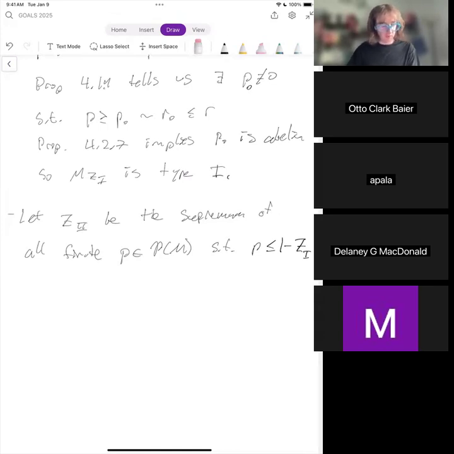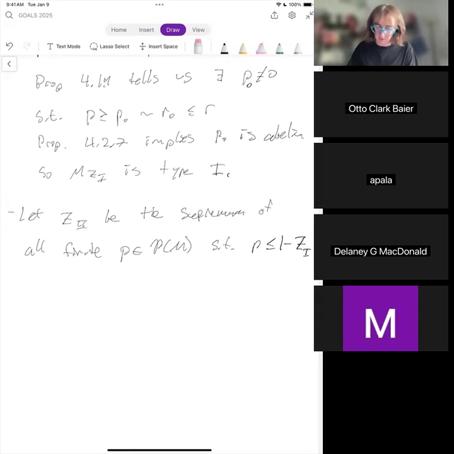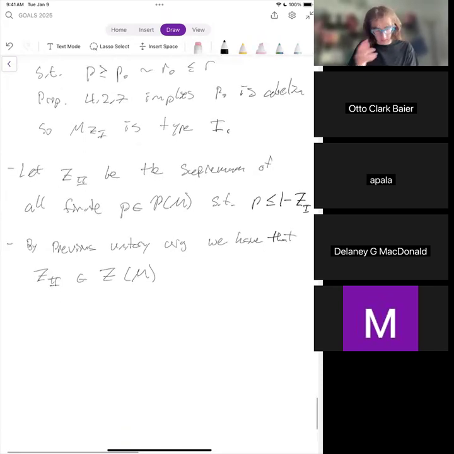And then by the same conjugating by unitaries argument we had for Z1, we have that Z2 is also in the center of M. And so by proposition 4.3.5, which was one of the ones I wrote down but didn't prove, being the supremum of finite projections is going to also be semi-finite. So that's the point here.